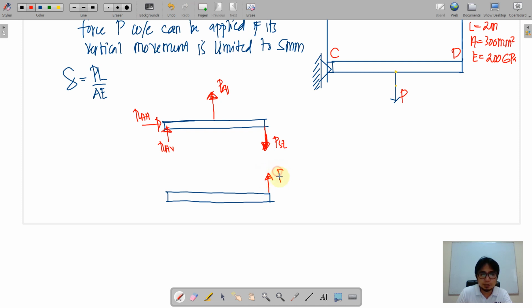So this is P of steel, and this is our value for P. This has reactions as well. We have RC horizontal and a vertical reaction at C.